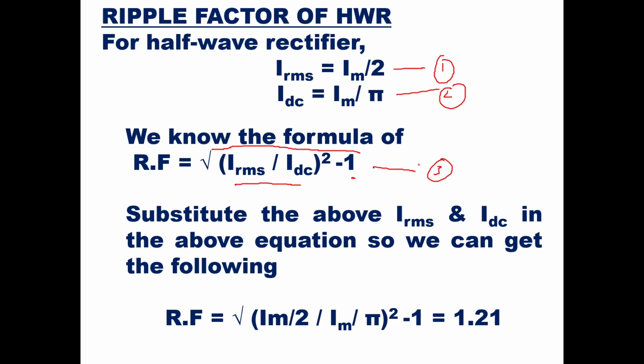In equation 3, you substitute the values of equation 1 and 2. If you substitute that, you will get ripple factor equal to 1.21. So 1.21 is the value of ripple factor in half wave rectifier. The ripple factor is more in half wave rectifier, and the conversion of AC to DC is a little less in half wave rectifier.